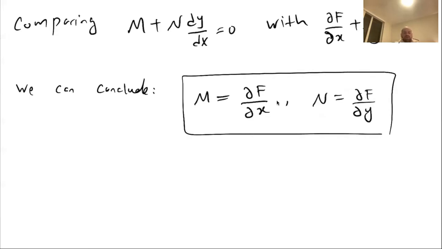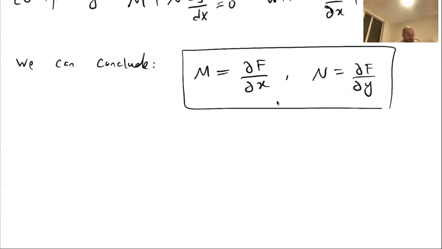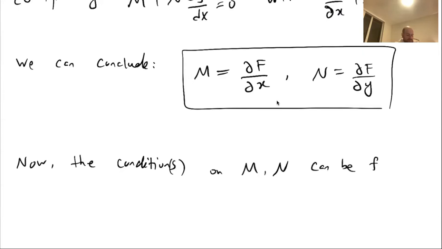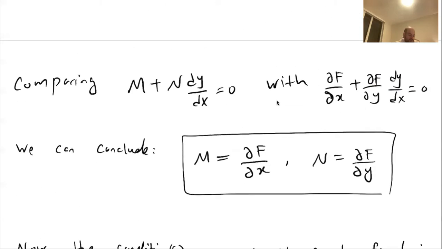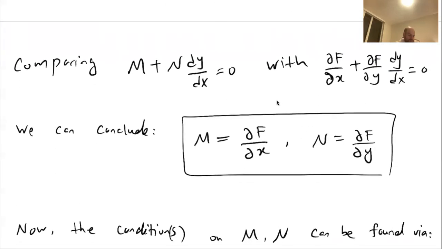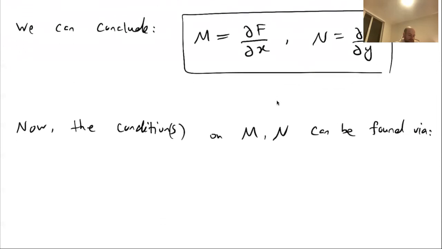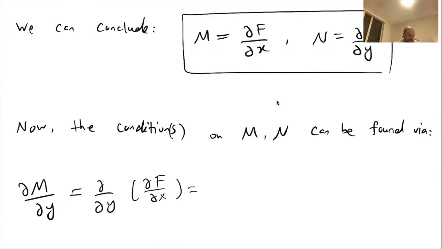So now what will be the conditions on m and n? The conditions on m and n can be found through dm/dx... what will be dm to dy? dm to dy will be d to dy of df to dx, and this will be d squared f to dy dx.